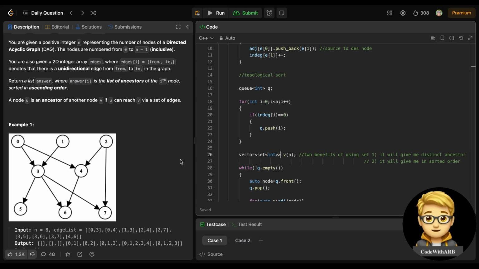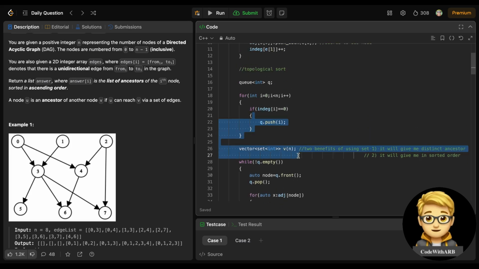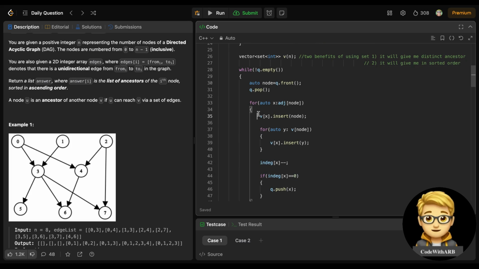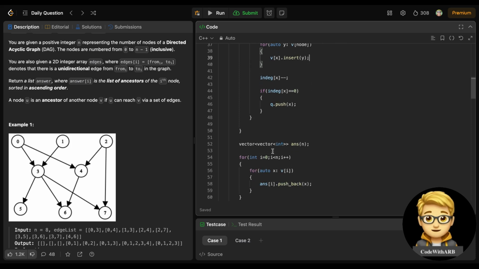This is the order of their parents, their top parents, the top root of the graph. And I will traverse till their children, and include all the parents for those children. So basically, I've used topological sort for that, and include its parents and its parents' parents also, right? And I'm sure that this has included all the ancestors, because I have started from the top elements, right? So this is how we will solve this problem.